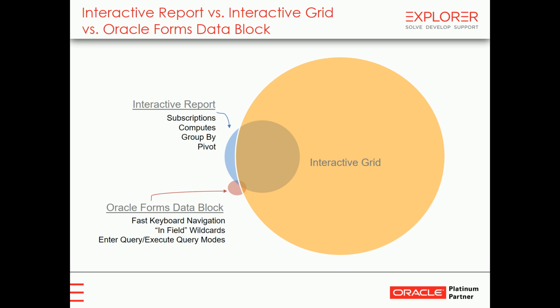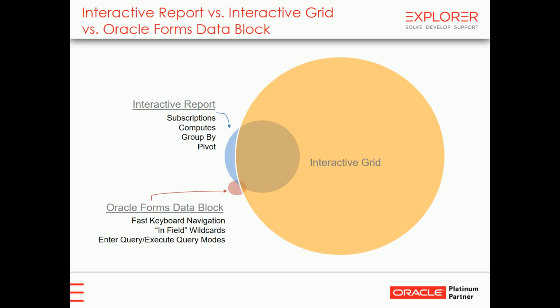You can concatenate the two together to create a full name column, or you could take a salary column and divide by 12 to get a monthly salary column. So those are now at the present time available only to interactive reports, and so is the ability to group by a couple of columns and also pivot the data. Pivot being a new feature to interactive reports in version 5.